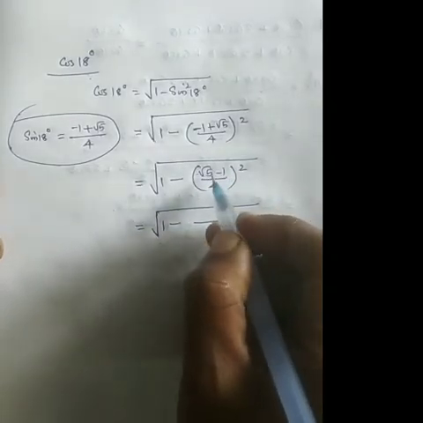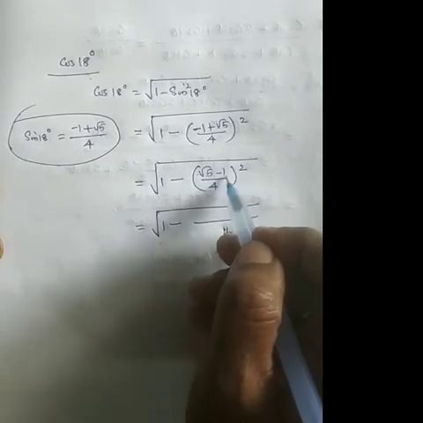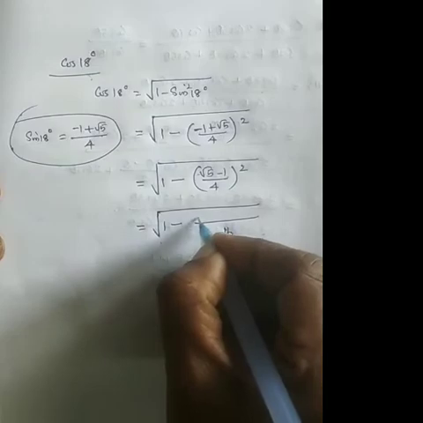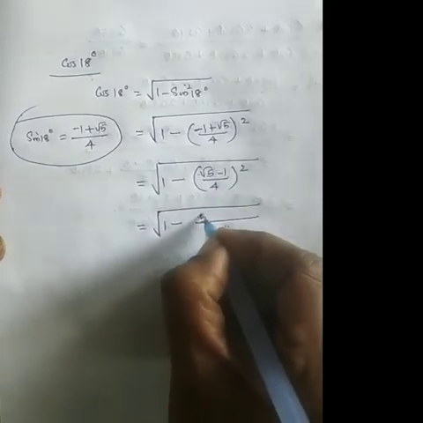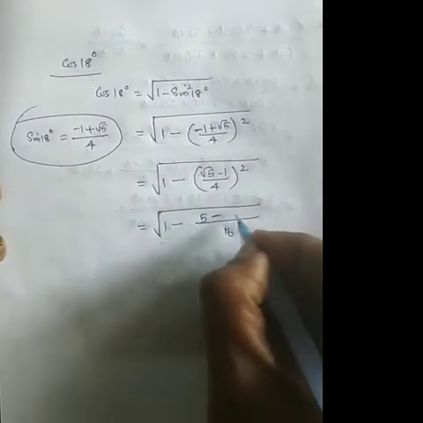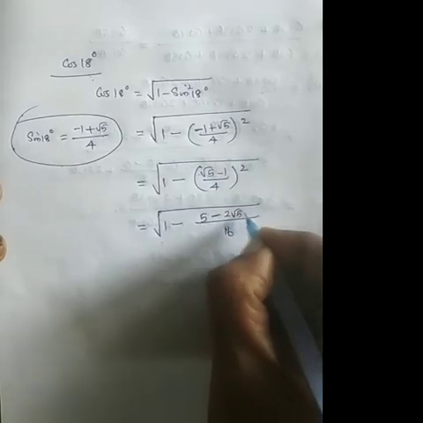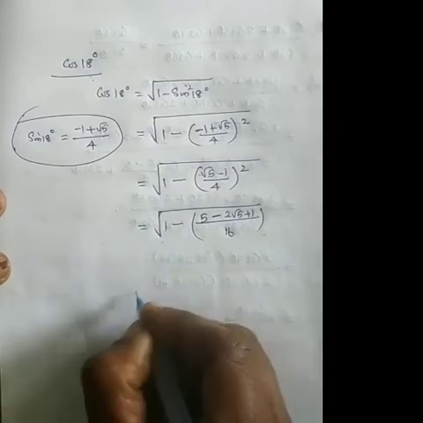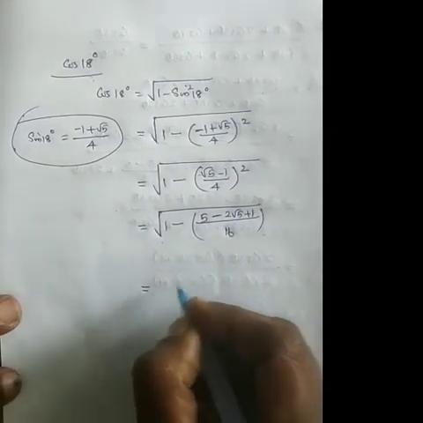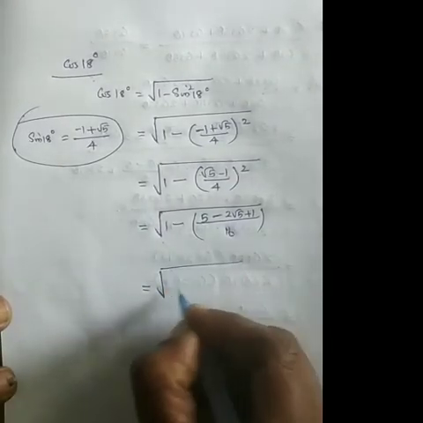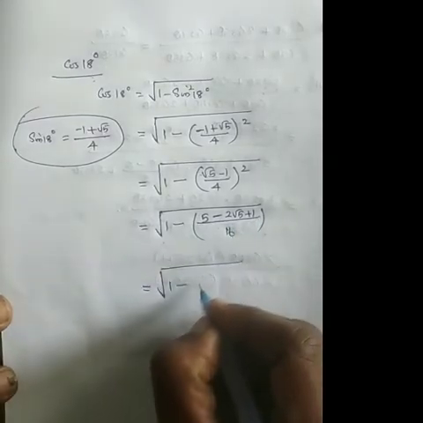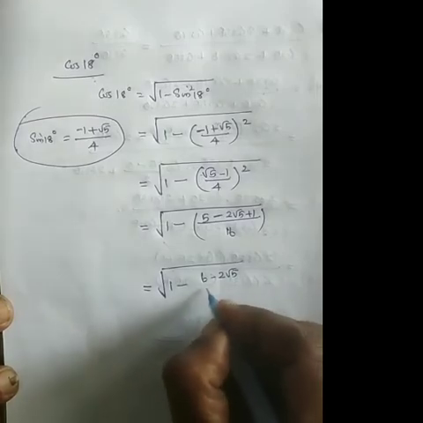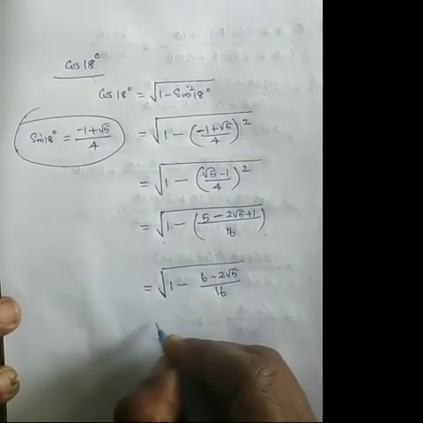Here we can expand root 5 minus 1 the whole square as 5 minus 2 root 5 plus 1. Okay. It's equal to square root of 1 minus, 5 plus 1 is 6, 6 minus 2 root 5 by 16.